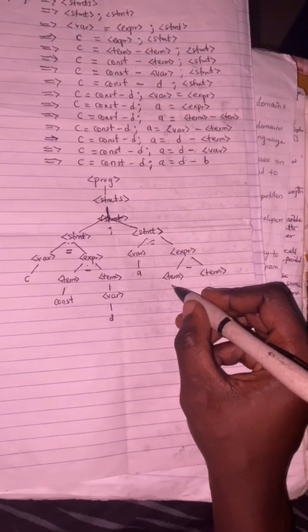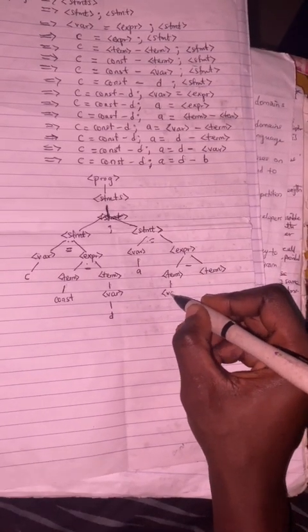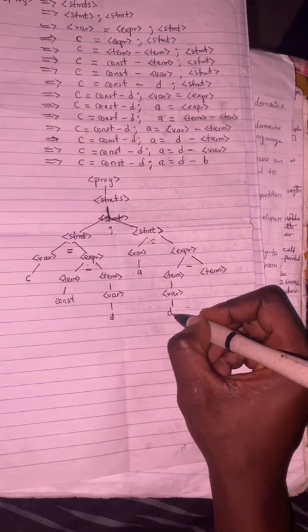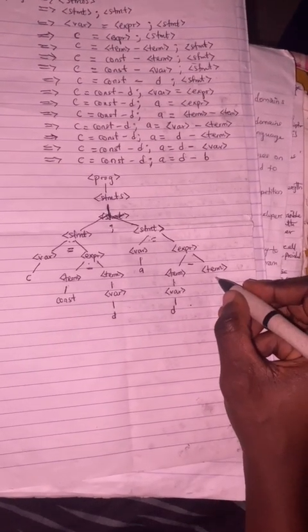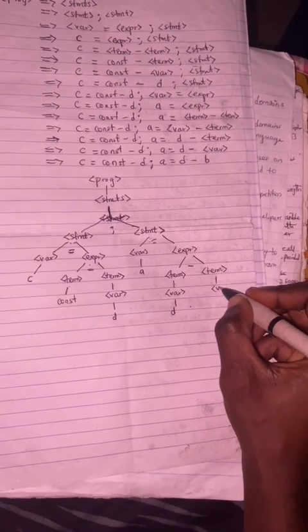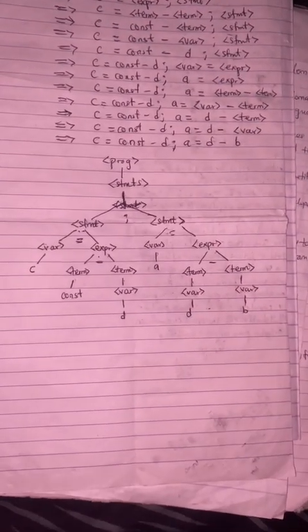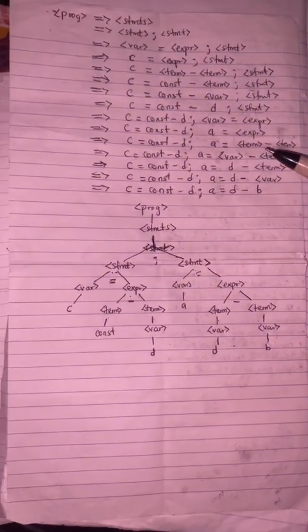And for this term, it got a variable, and we got D, right? While on this term, we also got a variable B. So this is the parse tree for this sentential form.